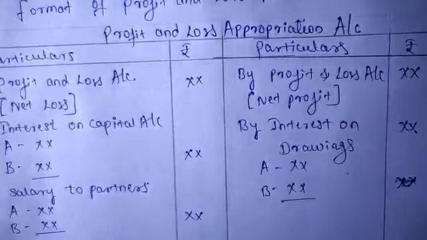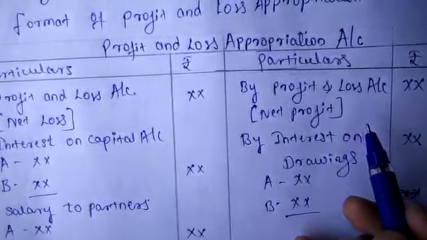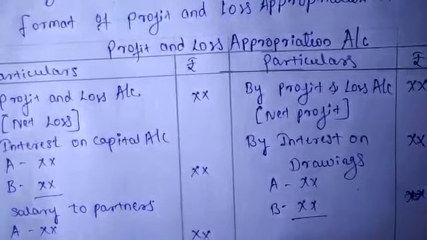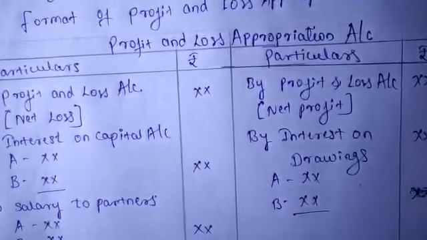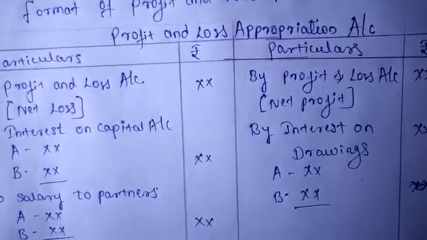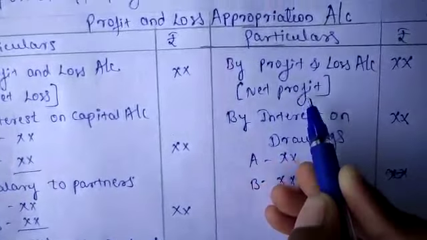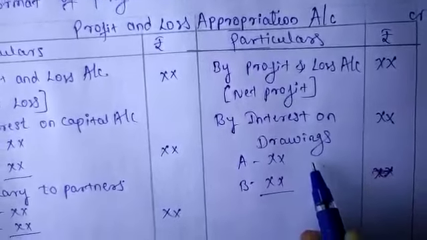The total profit, or the total fund collected from the partners, is on the credit side here. So first collect the fund on the credit side. It is very simple to understand the P&L appropriation account: first collect the fund on the credit side, from the partners, through the net profit and the interest on drawings. These two are income to your business.